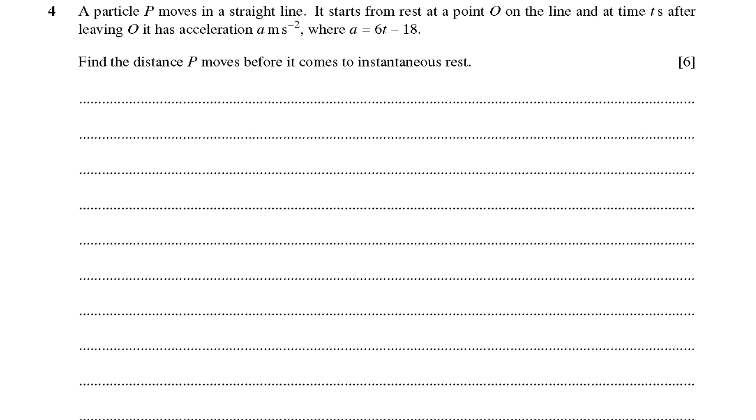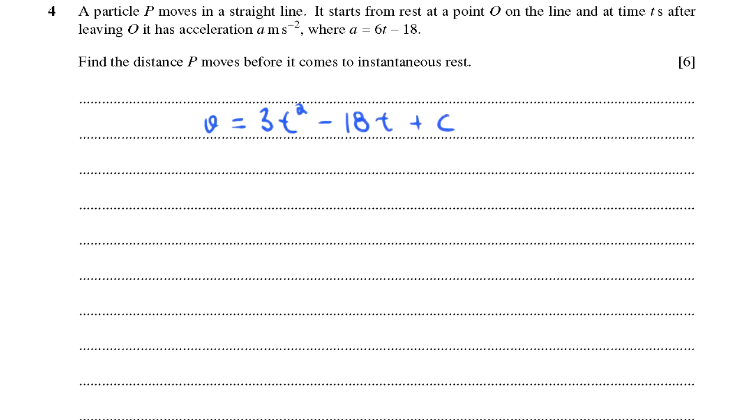Notice that it starts at rest at point O, so when time is 0, it is at rest. So we can find the velocity by integrating the acceleration. The 6t, t would integrate to t squared, and we divide 6 by 2, and we end up with 3t squared. And then we're going to subtract 18t, and of course when we integrate you should always add a constant.